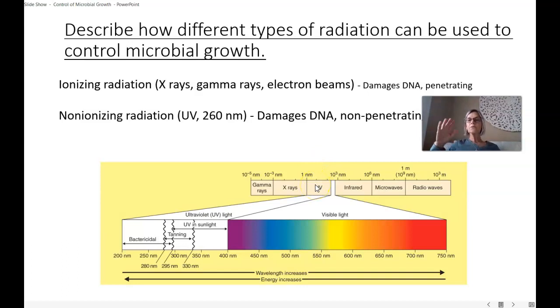So I typically would say non-ionizing radiation / UV light. These lower wavelengths of light can actually damage DNA. So when you hear about radiation being able to cause cancer, it's because the radiation damages DNA.